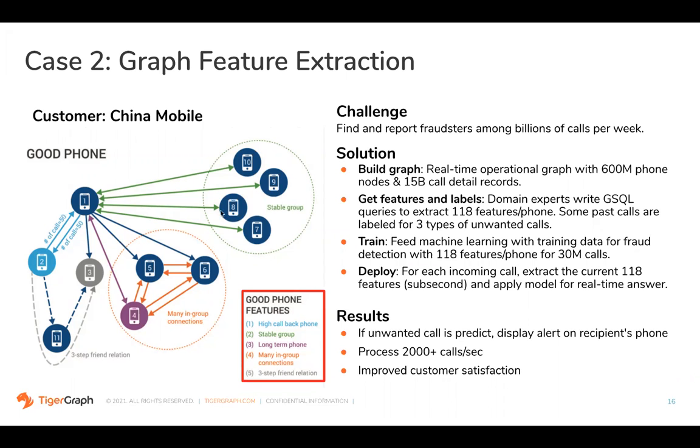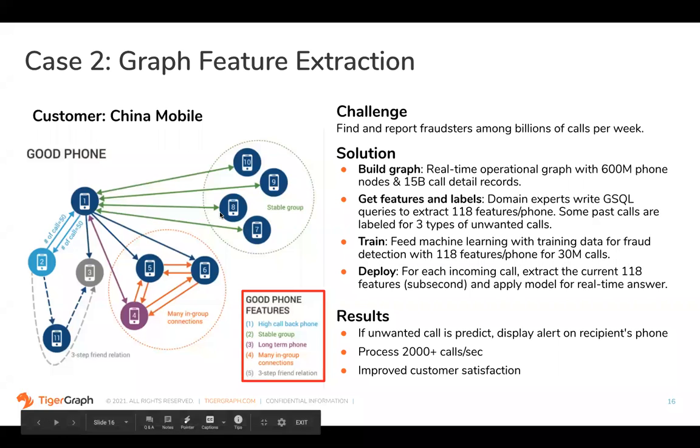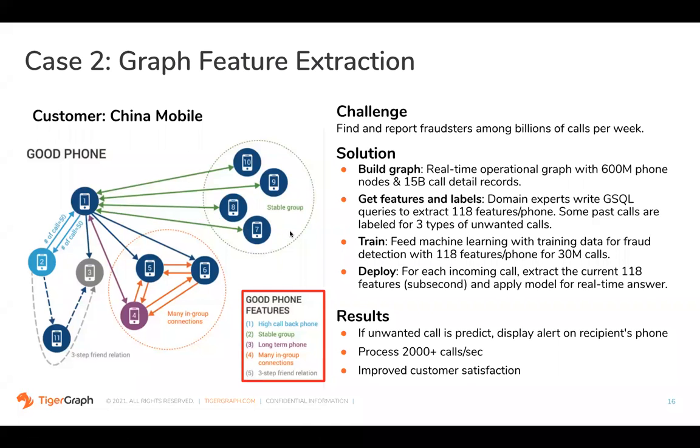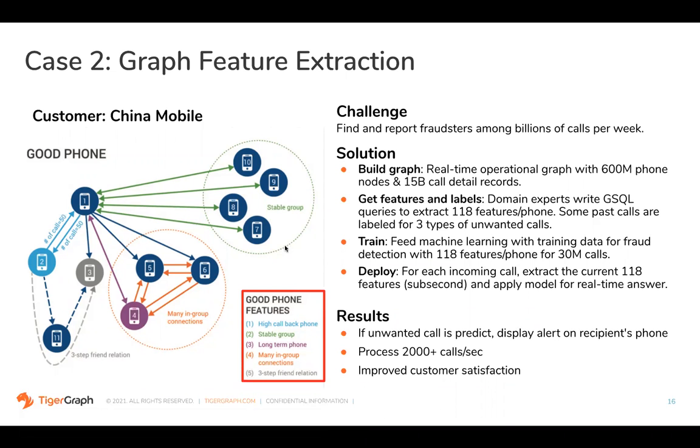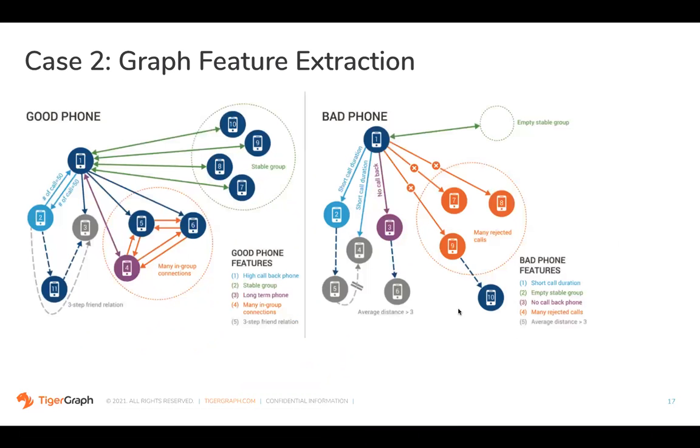By doing this, they were able to construct a real-time good phone call, bad phone call detection system, which in a fraction of a second, for a new incoming call, quickly extracts the 118 features, scores it against the machine learning model, and tells you before you even answer the call, do I want to answer this call or not? We have systems like this for the US telephone providers now, but this was done 5 years ago using our graph system.